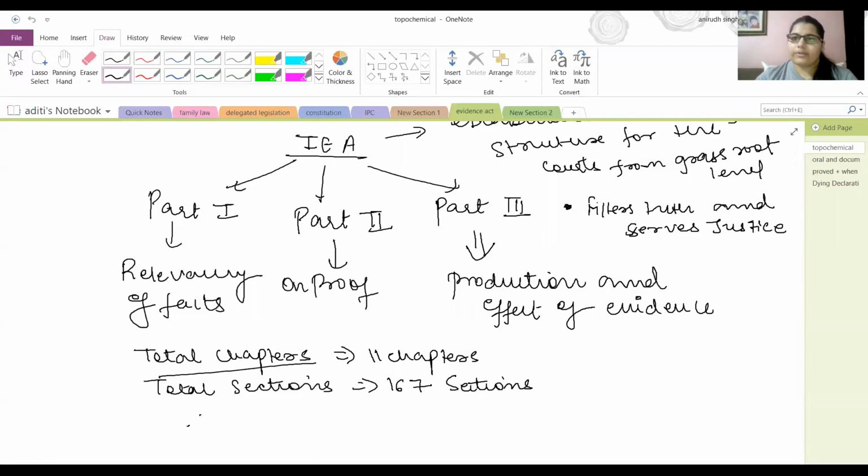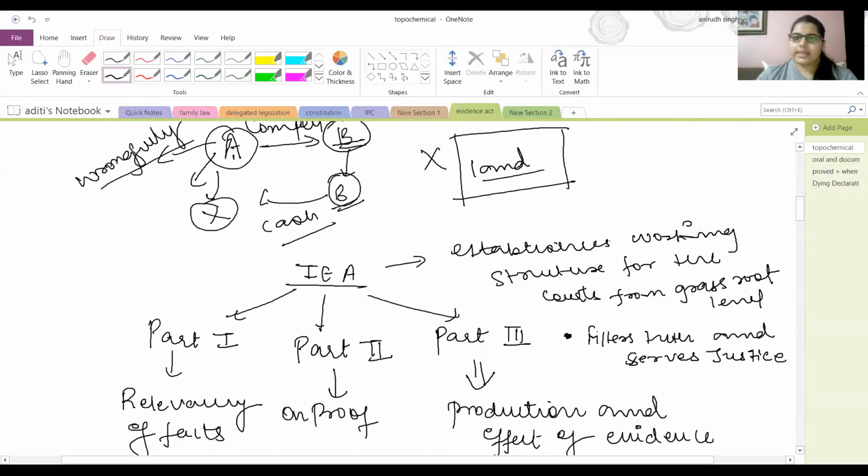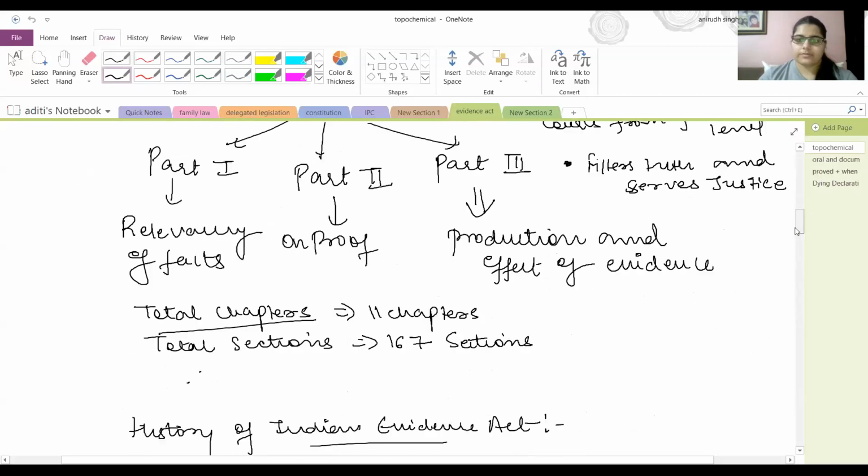At the same time, the Indian Evidence Act also tries to establish the working structure for the courts from the grassroots level. It establishes how the courts have to work in order to establish a crime or prove something they want to prove. And yes, it filters out the truth and tries to provide justice to the people.